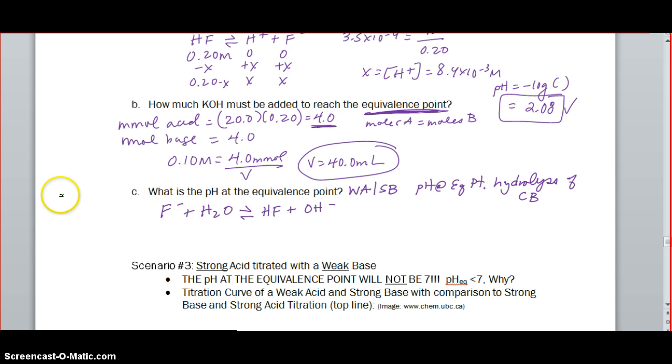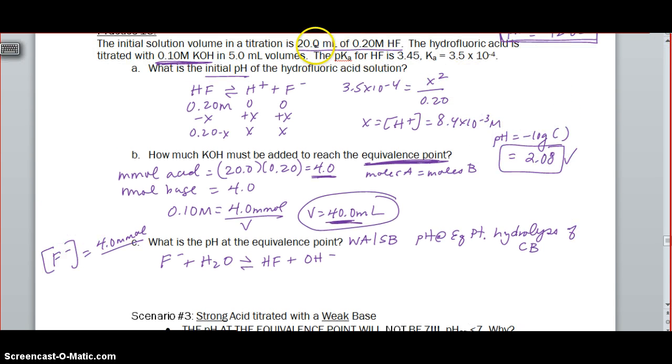4 millimoles. So if I wanted to find the concentration of F minus, I would do 4 millimoles over the total volume. So I know I have 40 milliliters of base at the equivalence point, 20 milliliters of acid, so I'm going to divide it by 60 milliliters. So my F minus concentration is 0.067 molar.